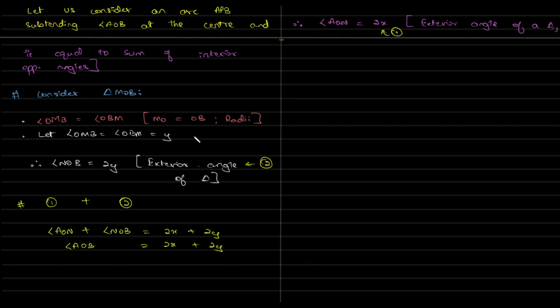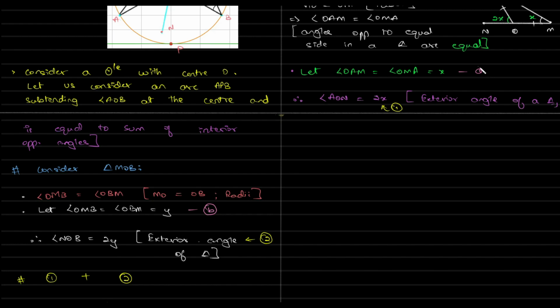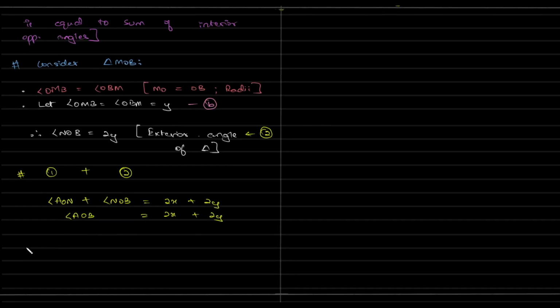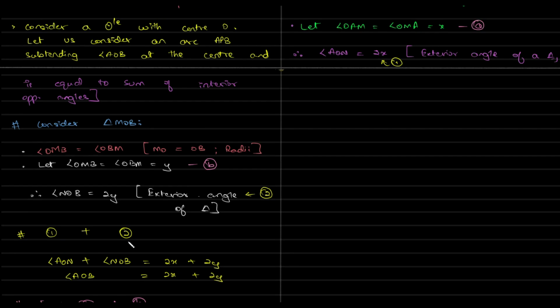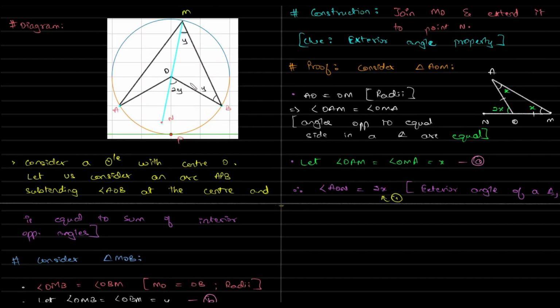And then we need to add from B and A. Okay. So from B and A, what do we get? From A plus B, so A plus B deals with angle AMO and MOB.